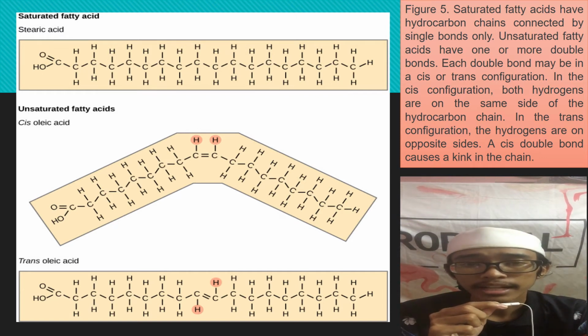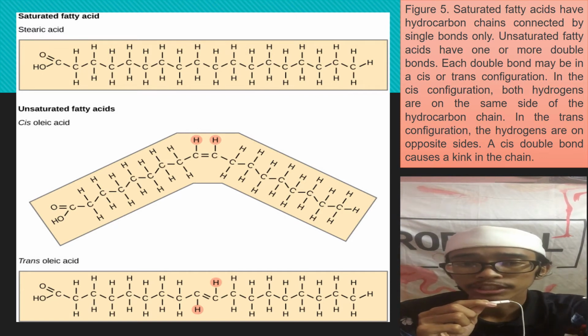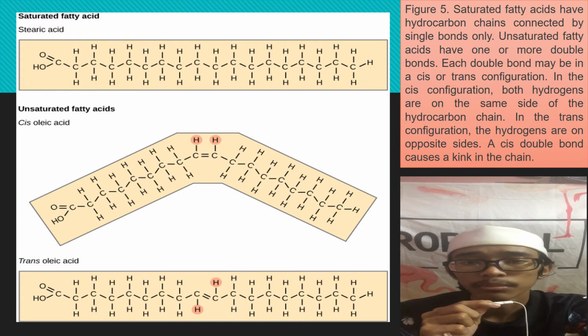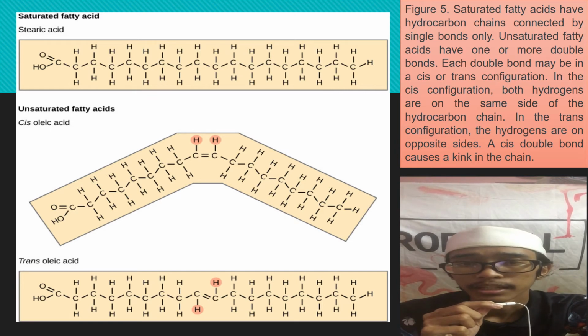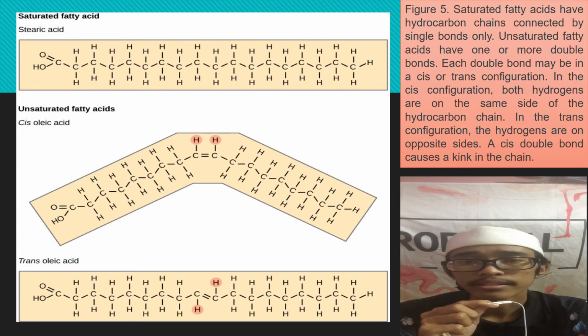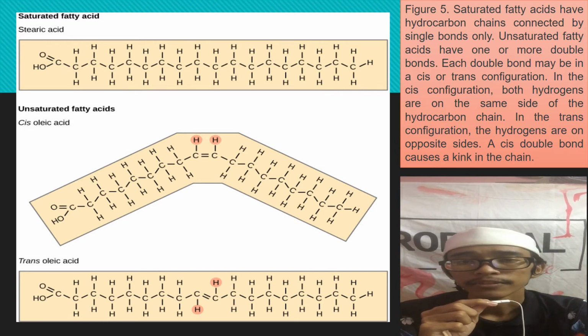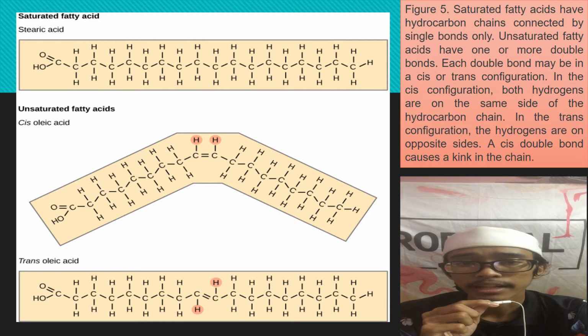Cis and trans indicate the configuration of the molecule around the double bond. If hydrogens are present on the same side, it is referred to as a cis fat. If the hydrogen atoms are on opposite sides, it is referred to as a trans fat.